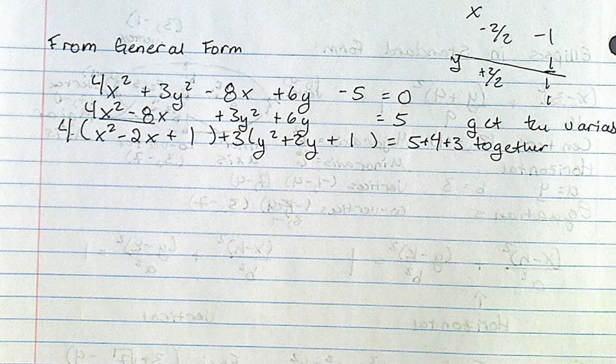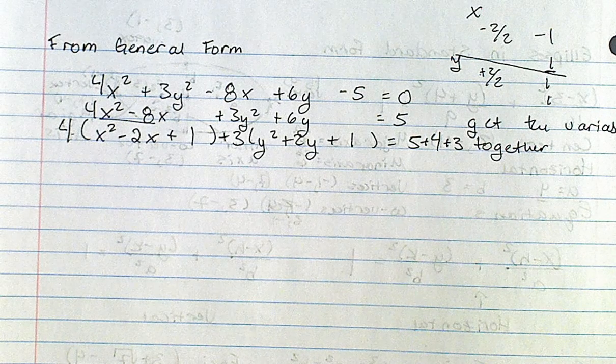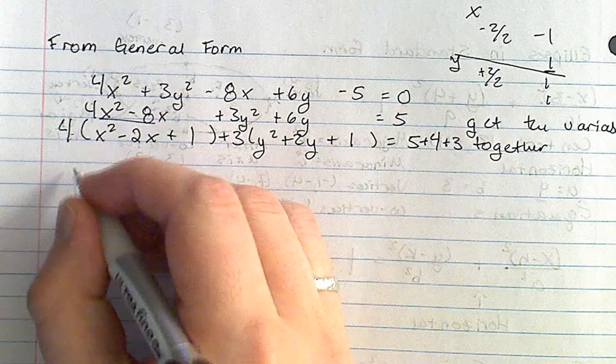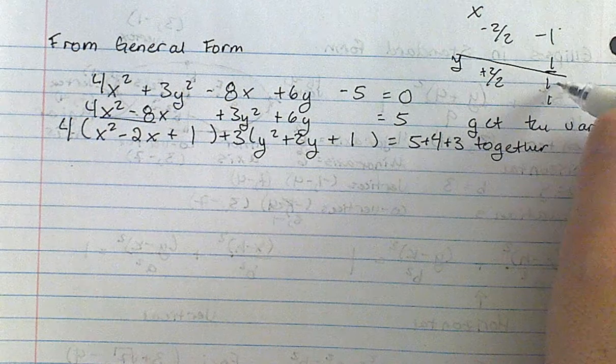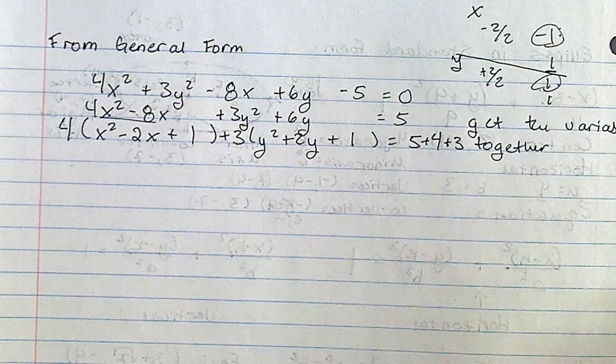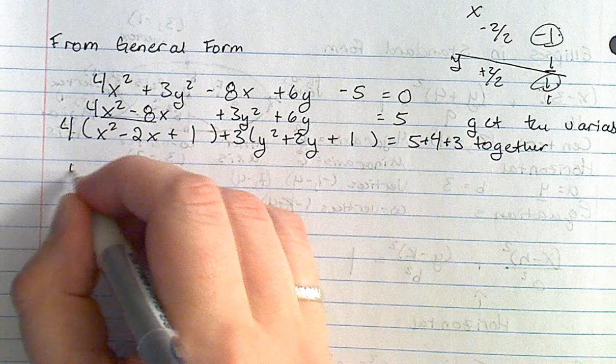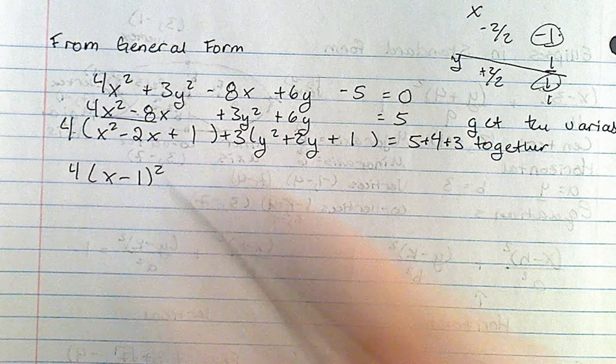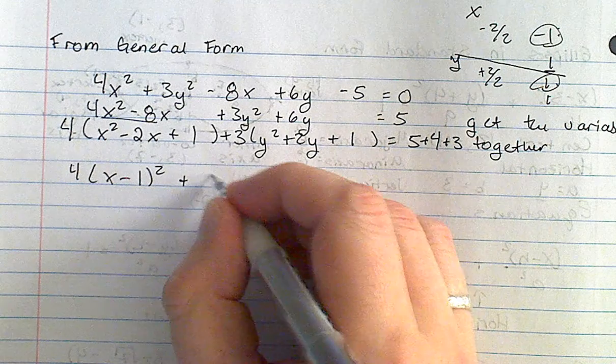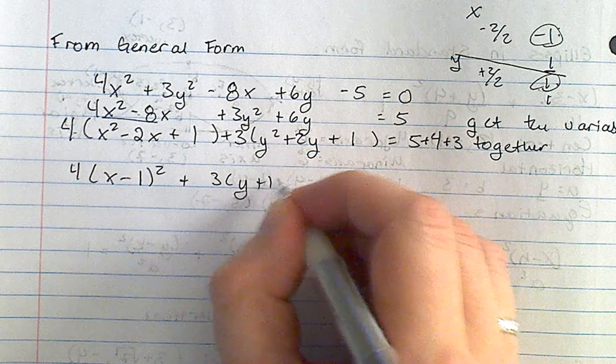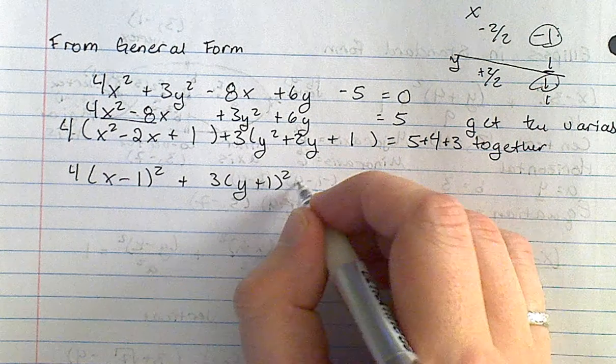So it's 12. Okay, so now, here's where the negative 1 and the positive 1 came in. This one and this one. This is going to be x minus 1, quantity squared, plus 3 times y plus 1, quantity squared. And this is all going to be equal to 12.